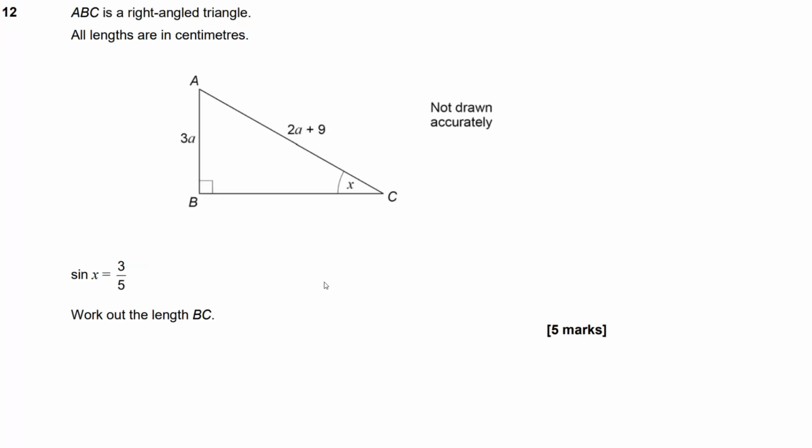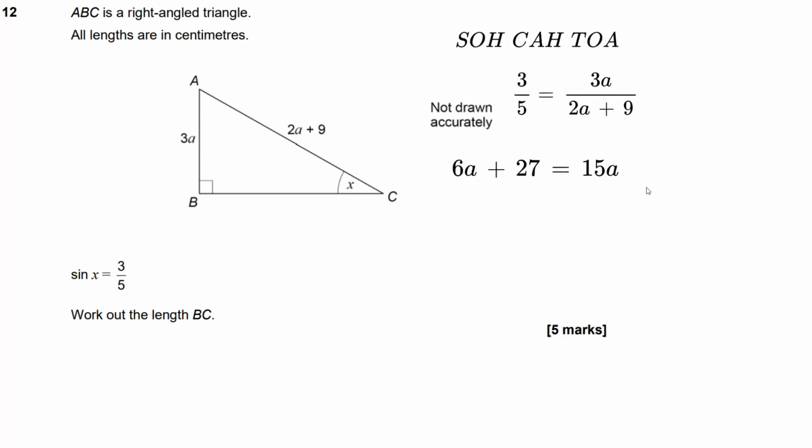Here, it's saying that sine of x equals 3 over 5. It's kind of a big clue that you should be using sine. So imagine SOHCAHTOA, because it's a 90-degree triangle. So you're using the opposite and the hypotenuse, and you're going to be dividing this out. So 3a divided by 2a plus 9 equals 3 over 5. Just rearrange, solve for a to get a equals 3.